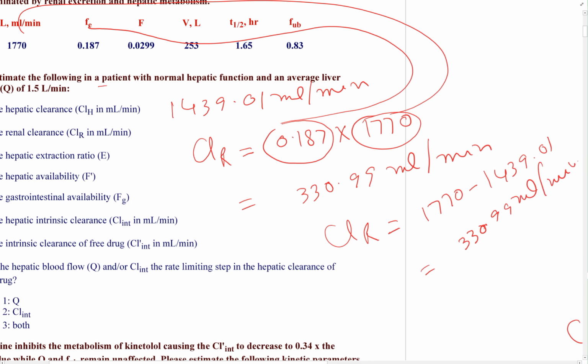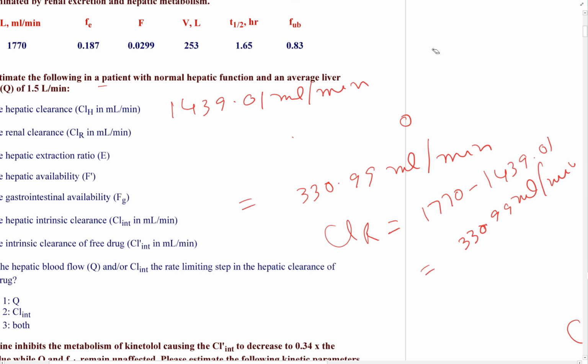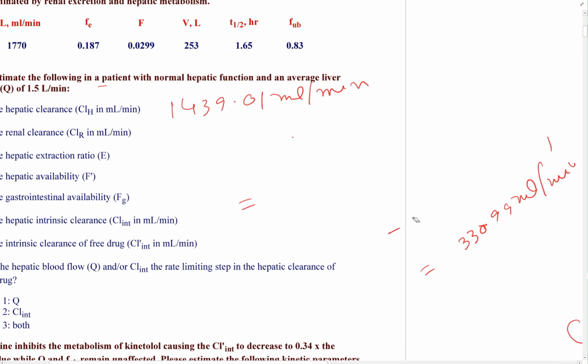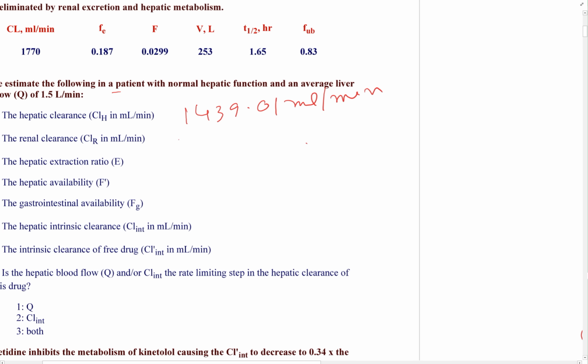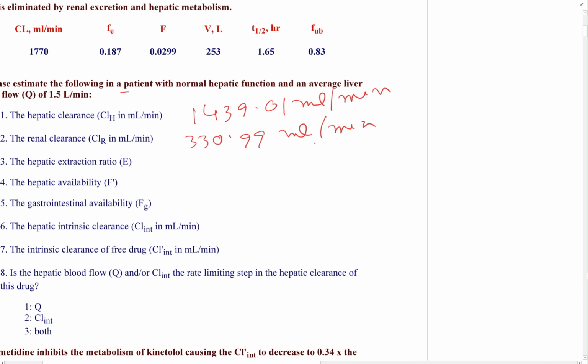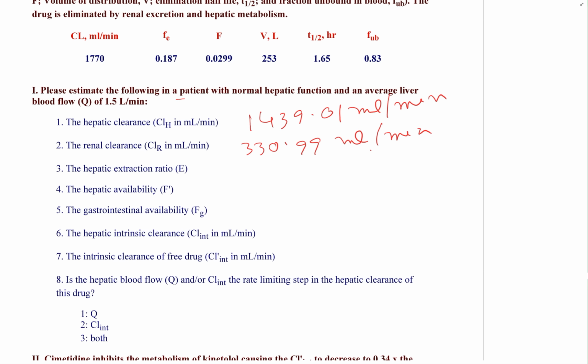So this is our renal clearance. Here is our renal clearance, 330.99 milliliter per minute.